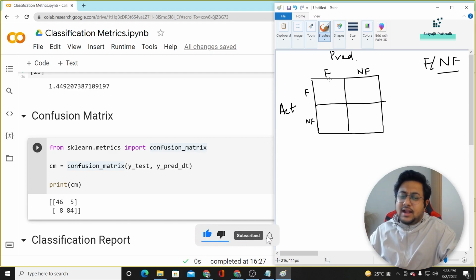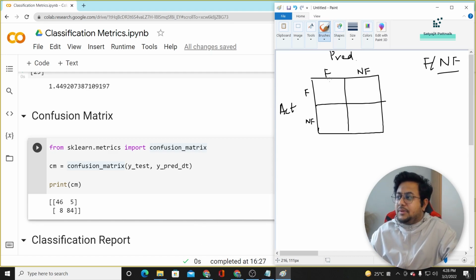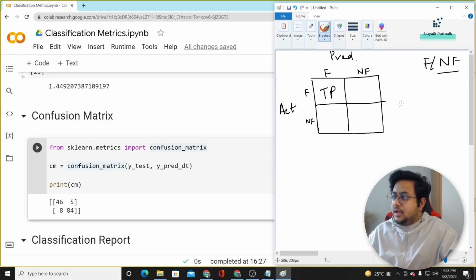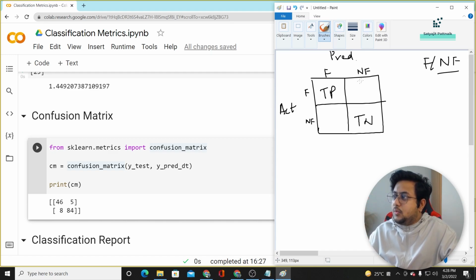The ones that are actually fraud and predicted as fraud are called true positives. That means truly predicted as positives. The ones that are not fraud and predicted as not fraud are true negatives. That means truly predicted as negatives. This is how you can memorize. What is this box?